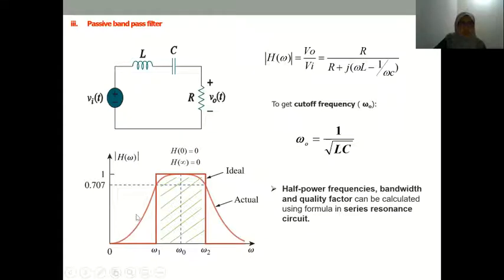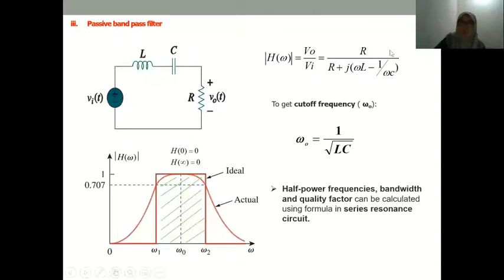You can take the critical points at omega is equal to 0. So when you put omega is equal to 0, you have H is equal to 0. When you put omega is equal to infinity, you put infinity here, divided by something equal to infinity, so you also have your magnitude equal to 0.